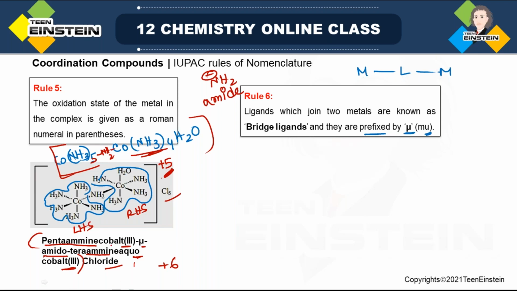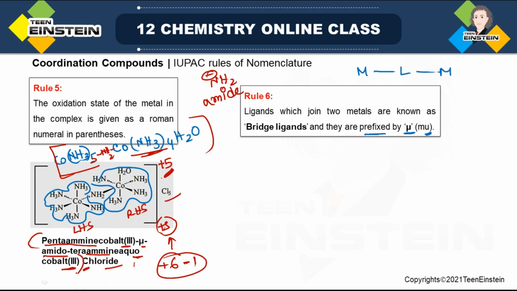All ligands, ammonia and water, are neutral, but the bridging ligand carries a single negative charge, that means -1. So plus 6 minus 1, you get plus 5, the charge for the coordination sphere entity. To balance this plus 5, obviously you require 5 chloride. So individually you don't have to mention that, and that is also not done. If you do so, that will be wrong.